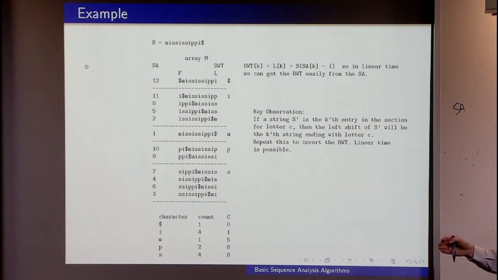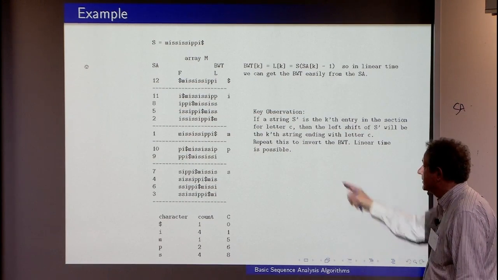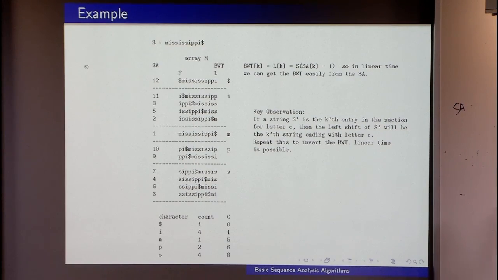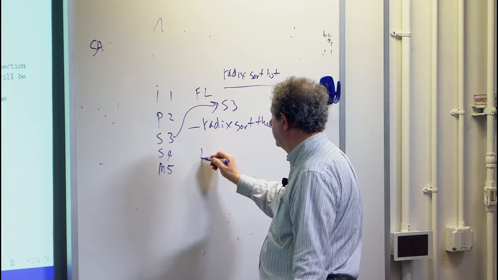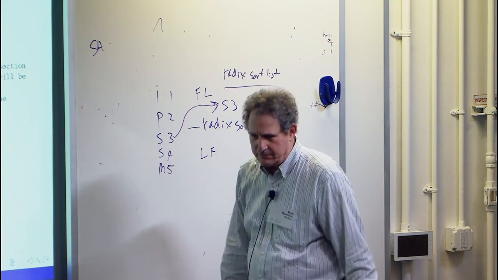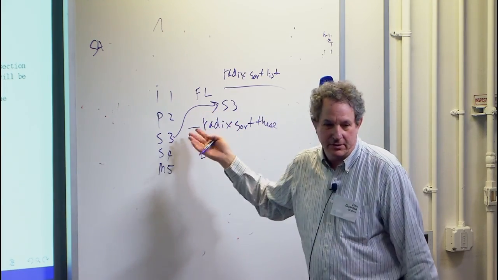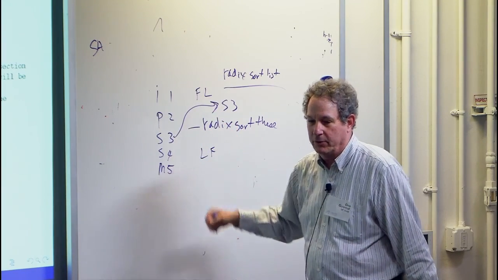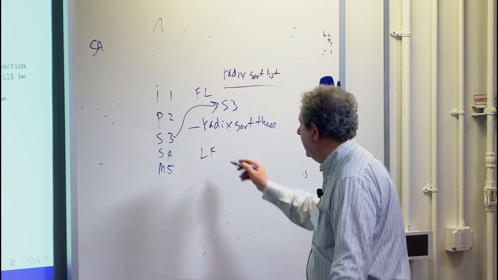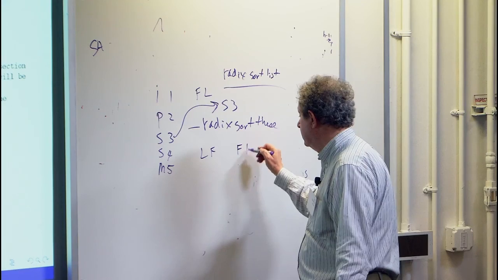And the original paper, by the way, this pointer here I would call an FL pointer. In the original paper they call it an LF pointer. It's just they do the reverse, but we're pairing up entries here, and whichever way you want to direct that. And then this became an FM.